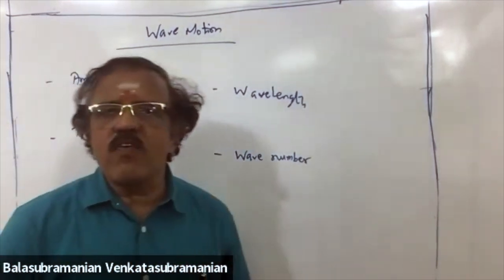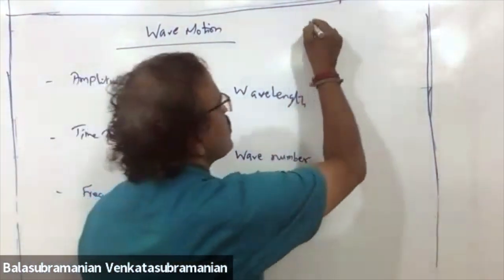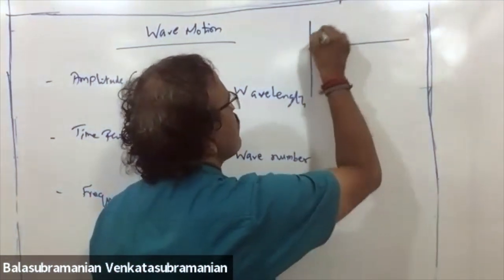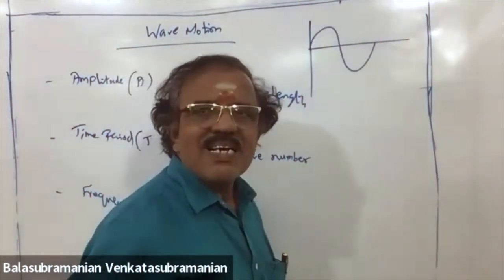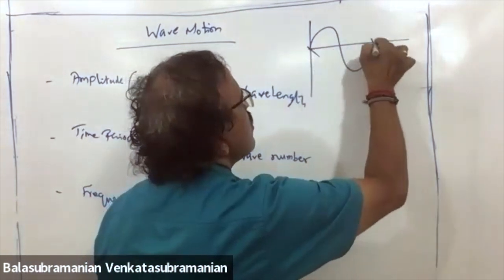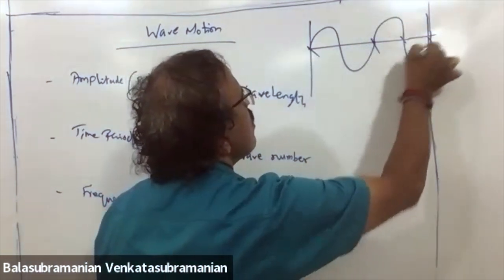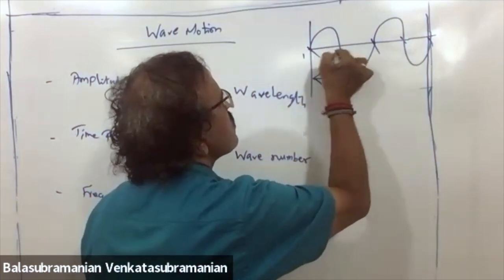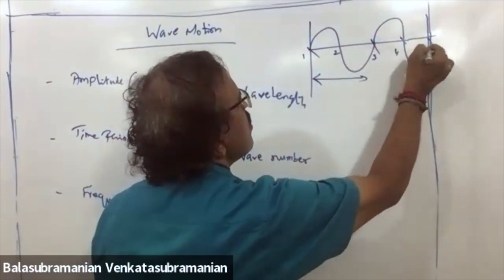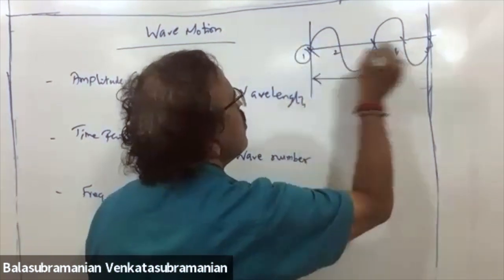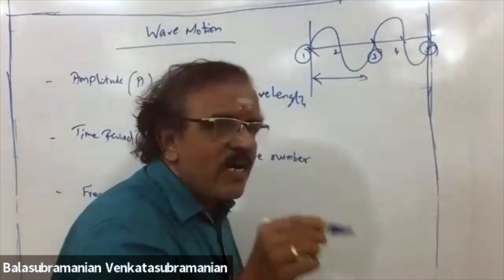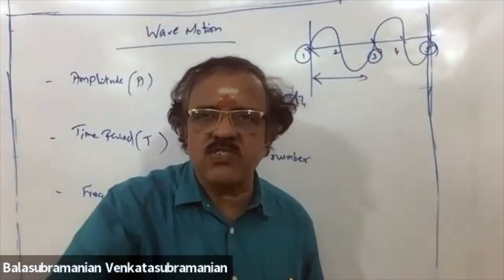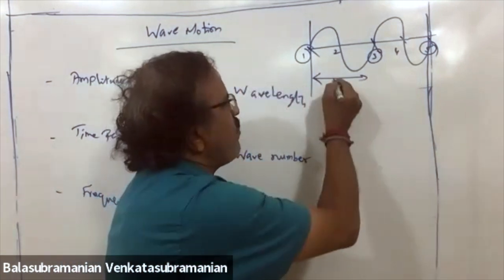Wavelength, or length of a wave. In the case of a transverse wave motion, crest and trough, the distance between two particles which are in the same state or same phase, we call it lambda or wavelength.